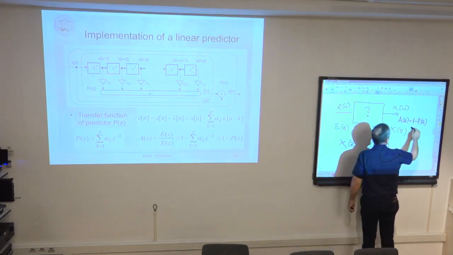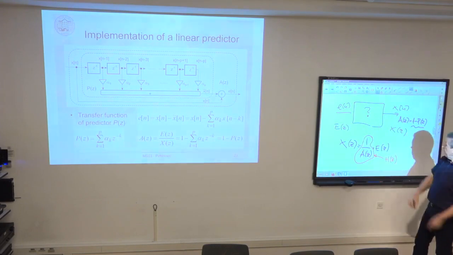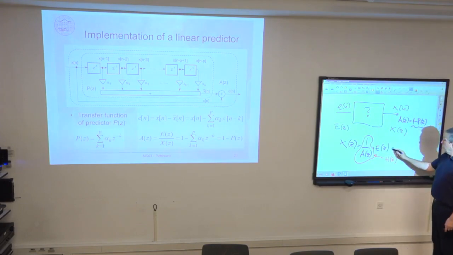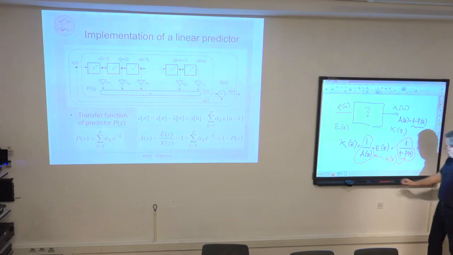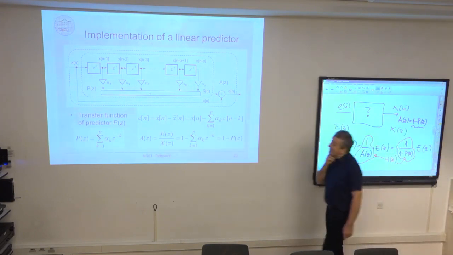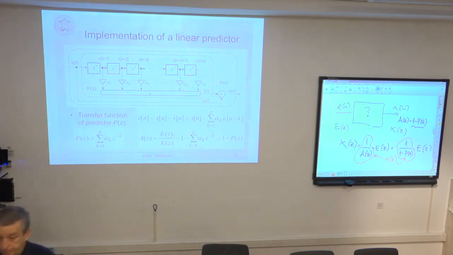So this is the transfer function of this larger system A of z. So in the end, I can write that this h of z is simply 1 over 1 minus P of z times E of z. So this system here is called the reconstruction filter or inverse filter. It is the inverse of the prediction filter.